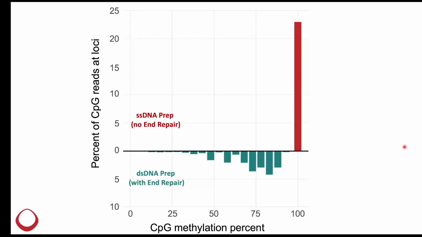The plot is set at 0, where anything where you see a difference in the single-stranded prep is shown in positive numbers on the y-axis, and any CpG methylation state at a CpG locus for double-stranded prep is seen in the negative numbers here. So a position at 0 essentially means there is no difference between the double-stranded prep and the single-stranded prep.